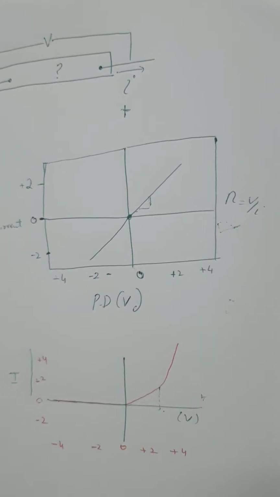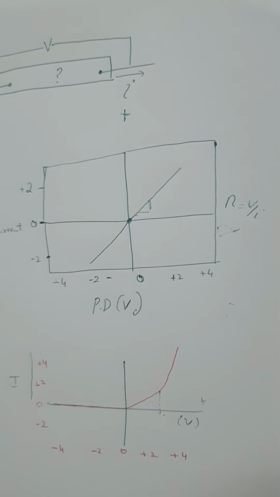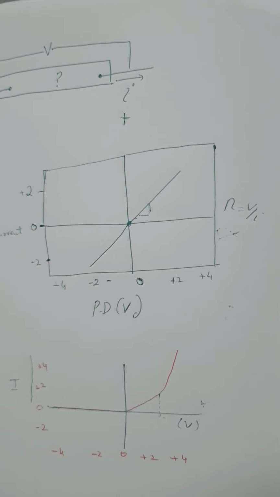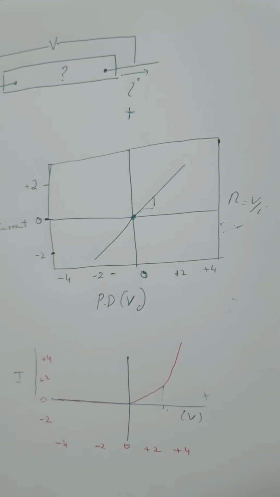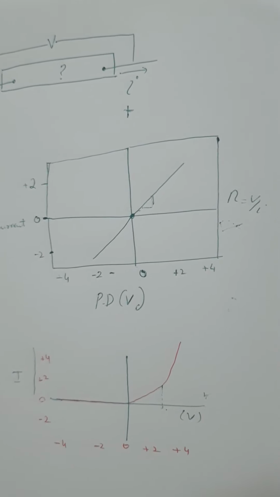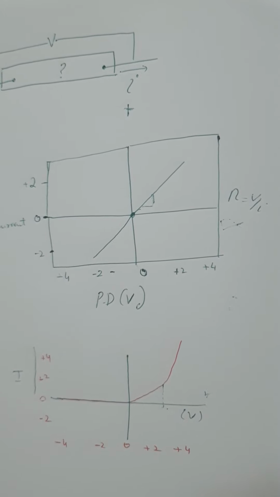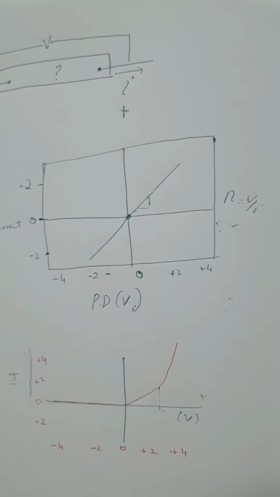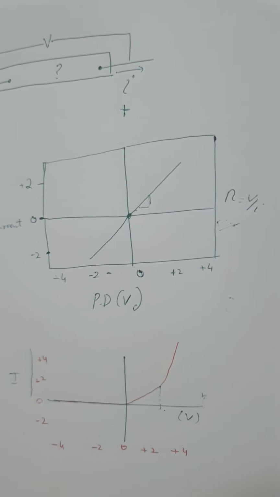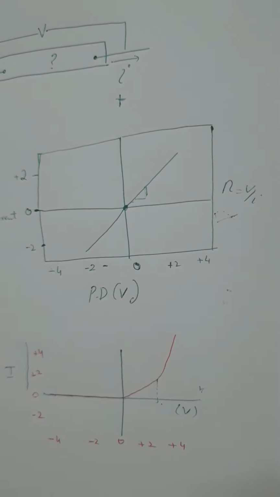So a conducting device obeys Ohm's law when the resistance of the device is independent of the magnitude and polarity of the applied potential difference. V equals IR is a condensed statement of Ohm's law. Sometimes it's not true, like in this case.